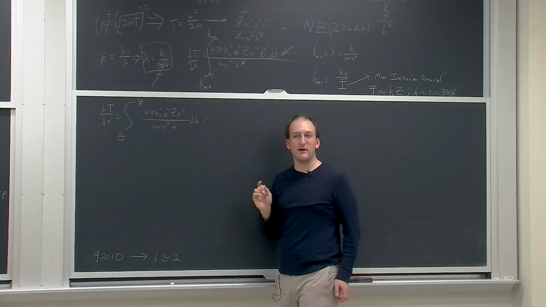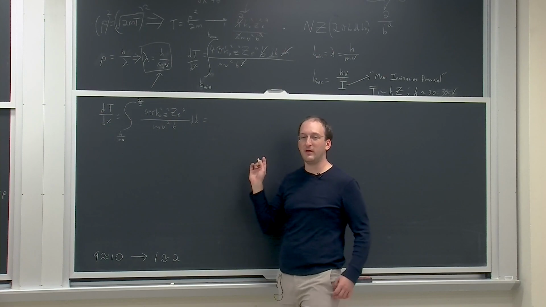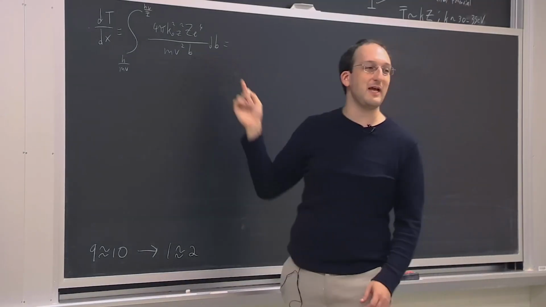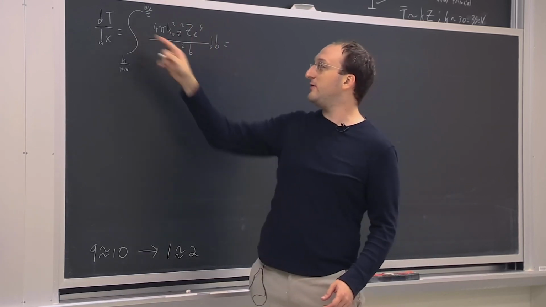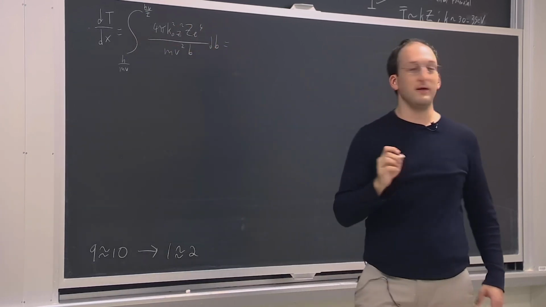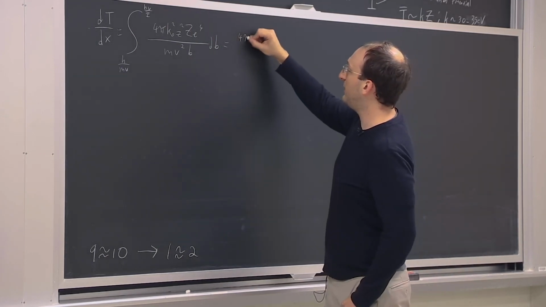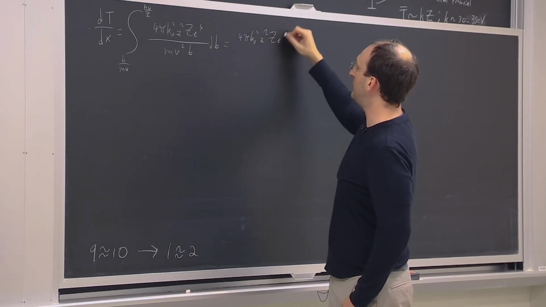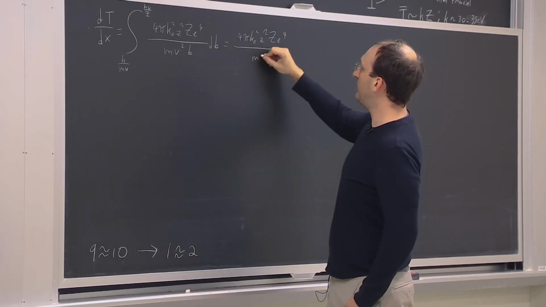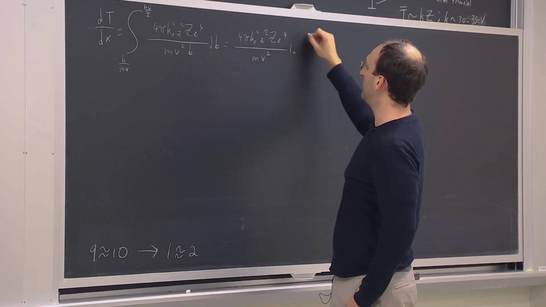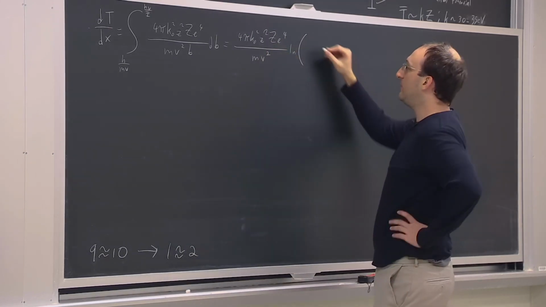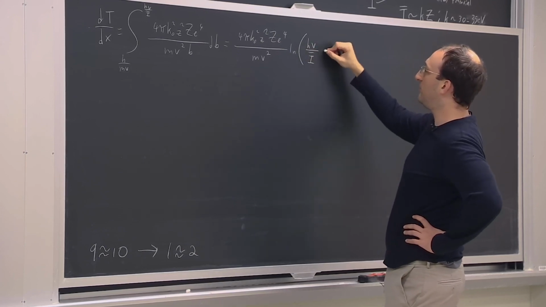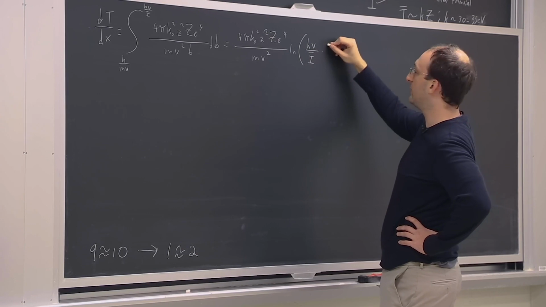And I think Sarah, that you mentioned that we'd have a log. I forget who mentioned it. Sorry, that was Luke. You're right. So it ends up just being a natural log. It's all this junk on the outside times the integral of 1 over b. So this comes out to 4 pi k naught squared little z squared big Z e to the 4th over mv squared times the natural log of b max over b min.